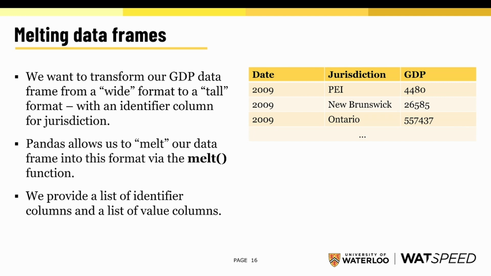Turns out that Pandas has a built-in function called melt, which will allow us to convert each pair of date and jurisdiction into its own row. How do we do that? We tell Pandas, here is the list of our identifier columns, in other words, the date, and here's a list of the columns that have our values.